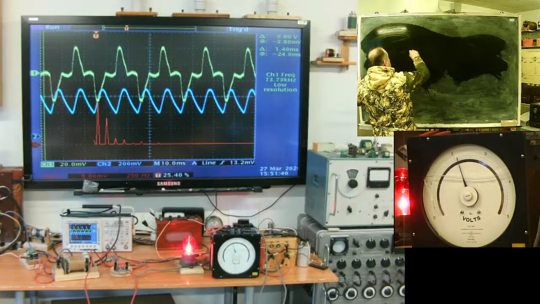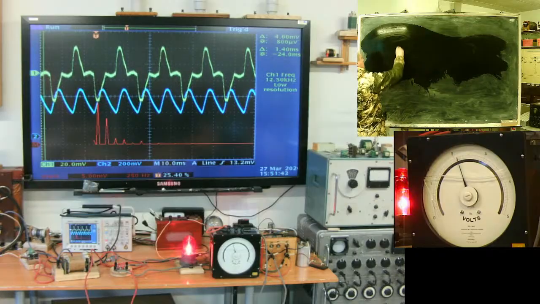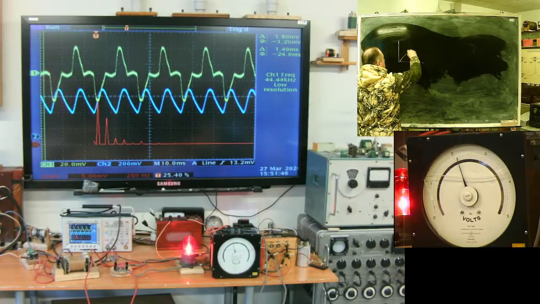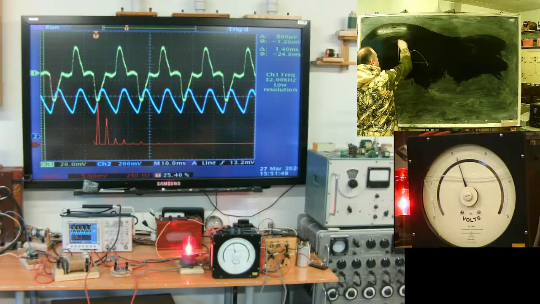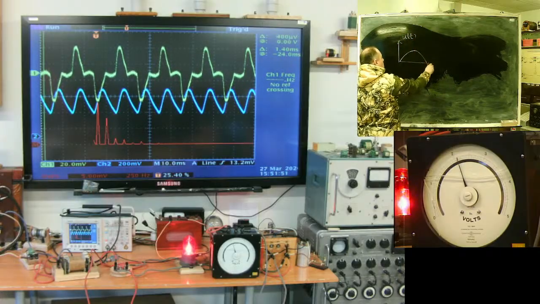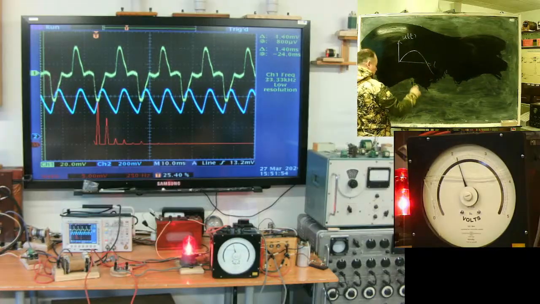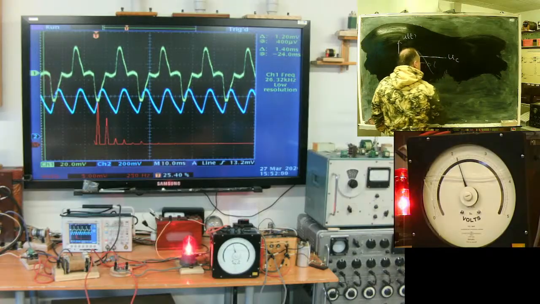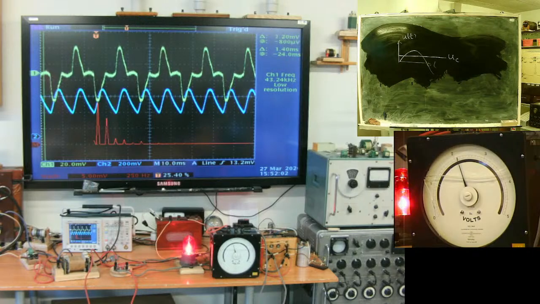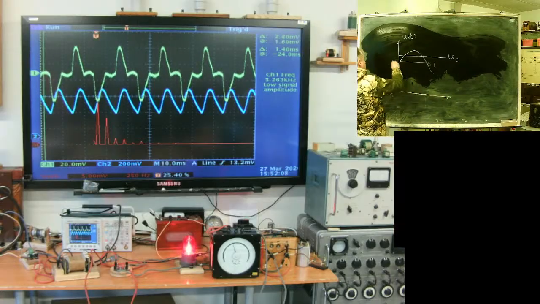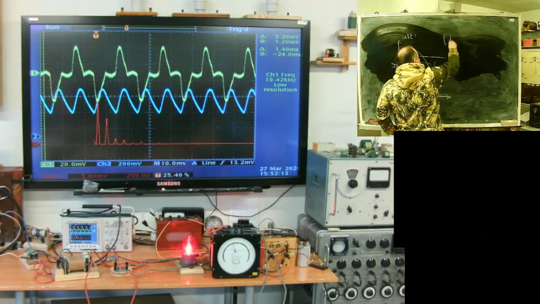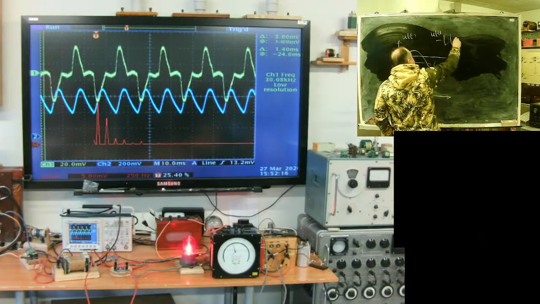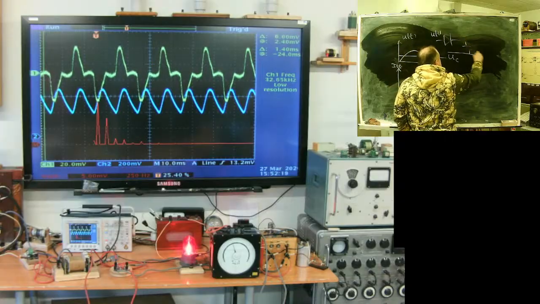A very simple analysis. Let's say I have a source going up, then it goes down. This is enough for me. This line is the charge of the capacitor voltage. Here is my capacitor ground.